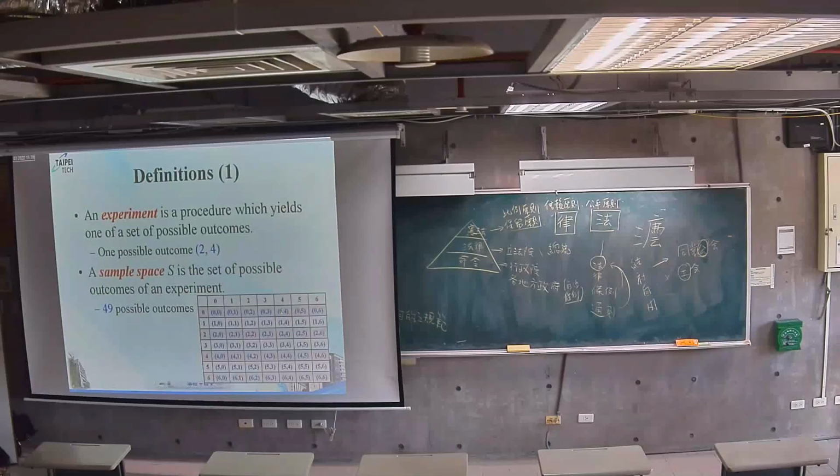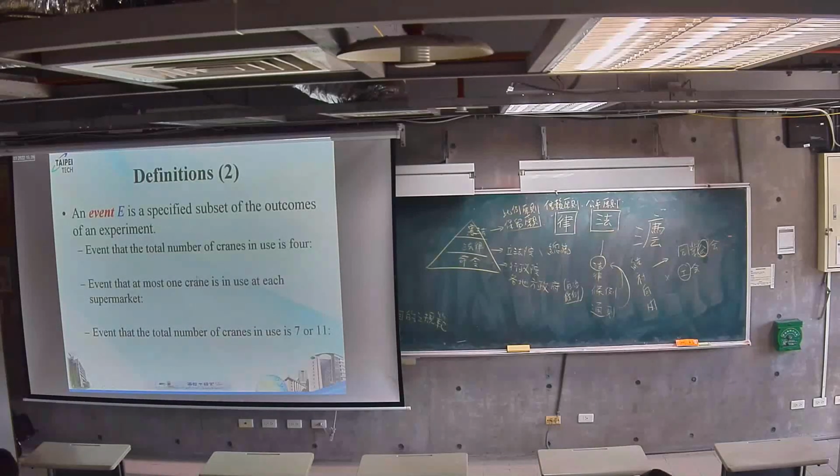So we might pick up these 5 pairs, or 5 outcomes. So the event would be the subset of all the possible outcomes. We have these 5 outcomes in this event. We could define different events, with different subsets of the outcomes.